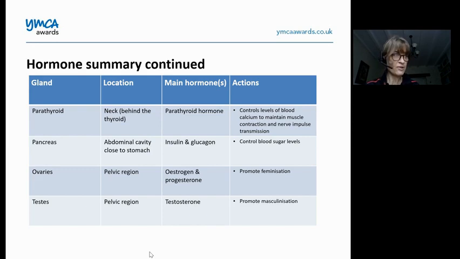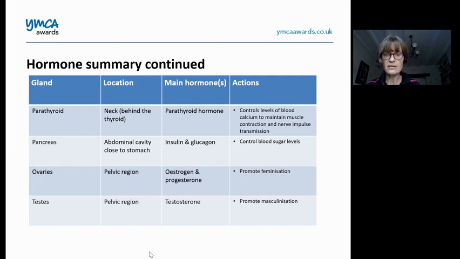Next one, pancreas. Our pancreas is near our stomach, and it has kind of a dual role. It is a digestive gland and it secretes lots of pancreatic enzymes that help to break down fats, carbs and proteins. But the function we're looking at here is its endocrine gland function, and it produces the hormones insulin and glucagon.